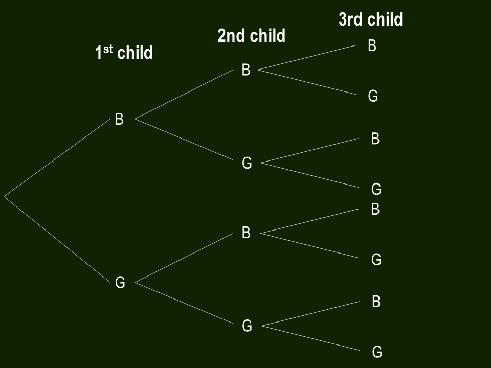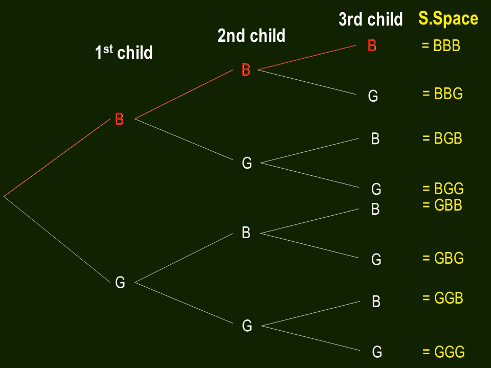Now, to find the outcomes for this sample space, you have to trace through all of the possible branches, beginning at the starting point. For example, if we start at the beginning and always follow the top branches, one of our outcomes would be 3 boys. So our sample space, in this case, actually has 8 different outcomes.